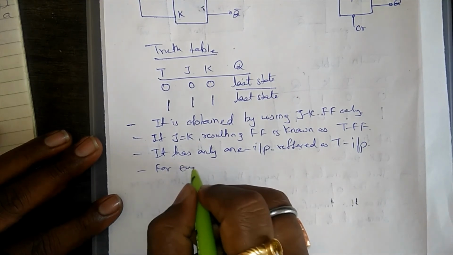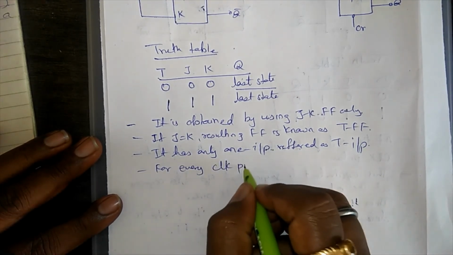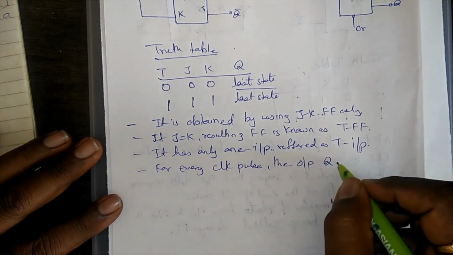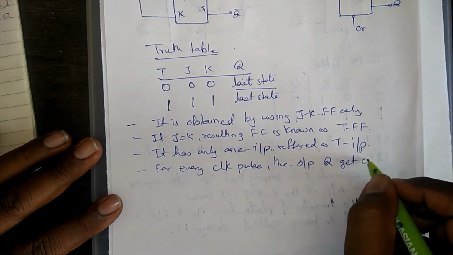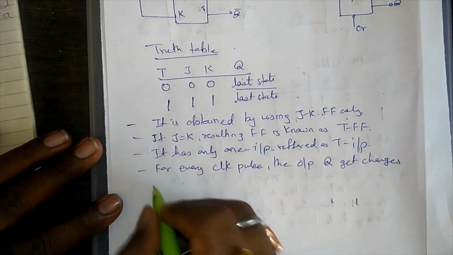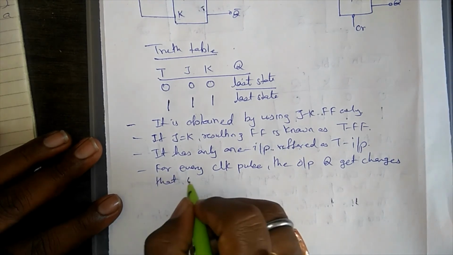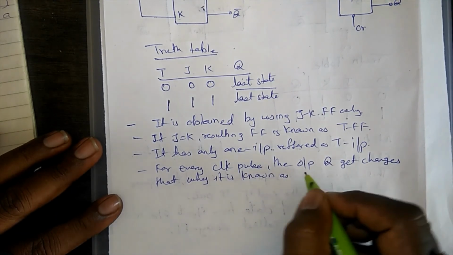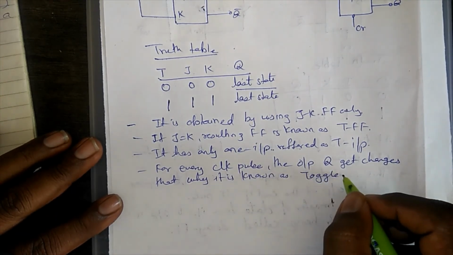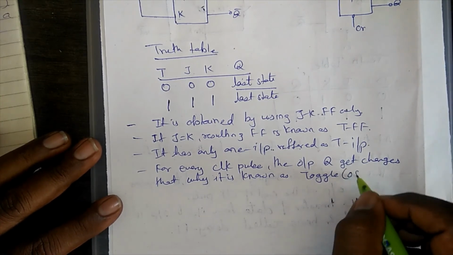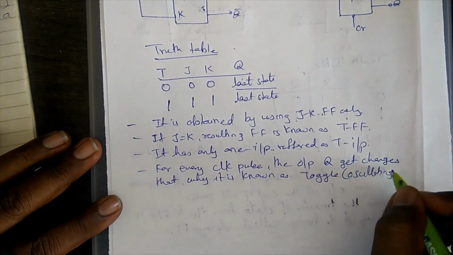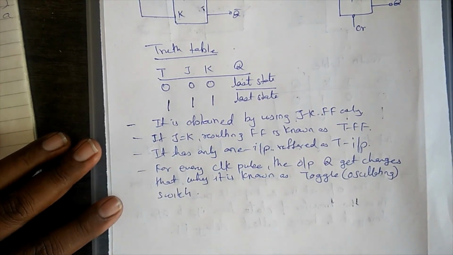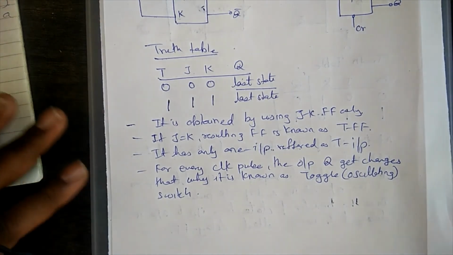For every clock pulse, the output Q changes. That's why it is known as the toggle flip-flop, toggle switch. Toggle means oscillating switch. Getting this? Oscillating switch.